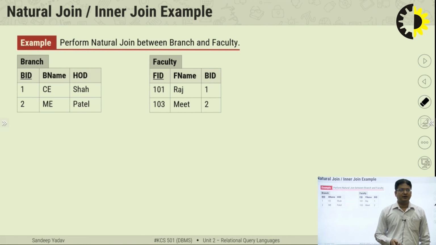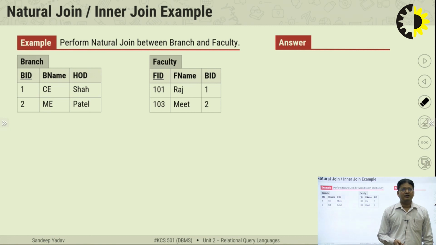The branch relation consists of branch ID, branch name, followed by the head of department. The faculty table consists of faculty name, faculty ID and branch ID. Now there is a common attribute, branch ID, which is present in both tables. Only then can we apply the join operation, if there is a common attribute in both tables.